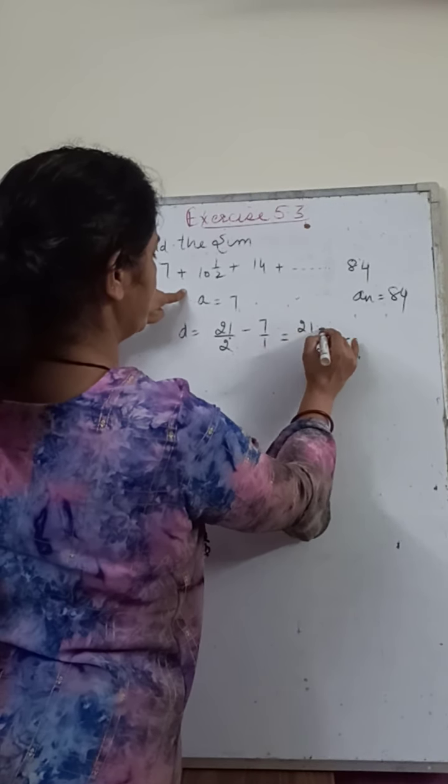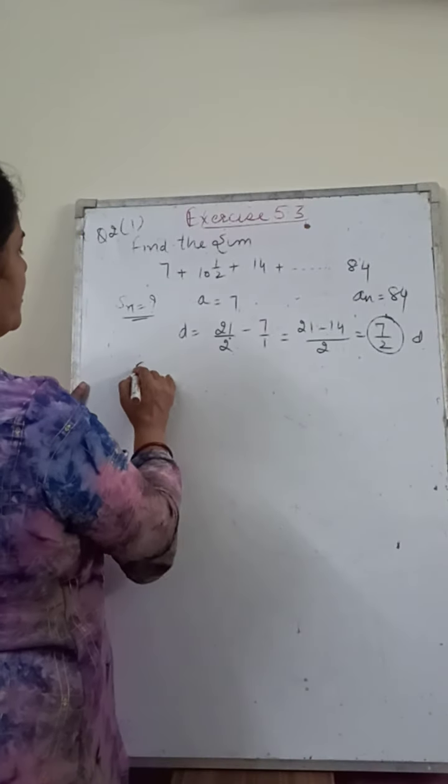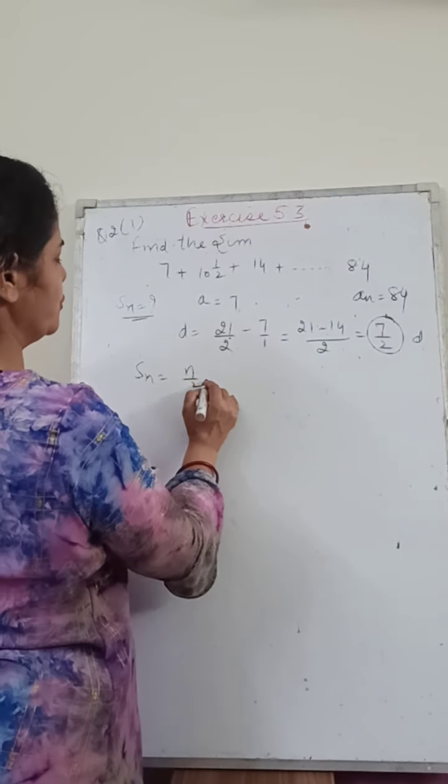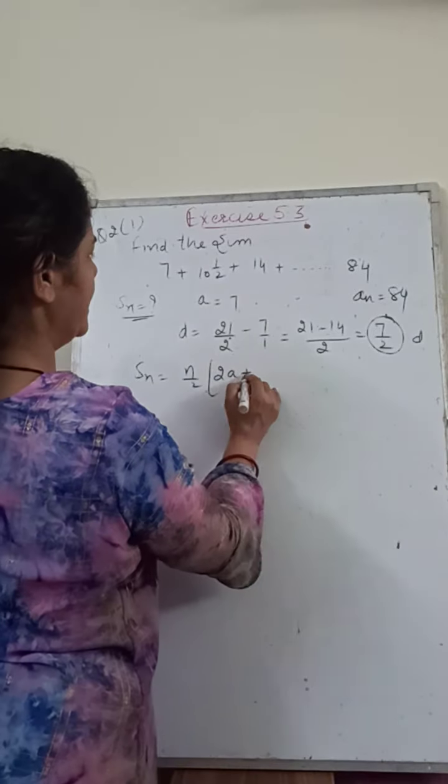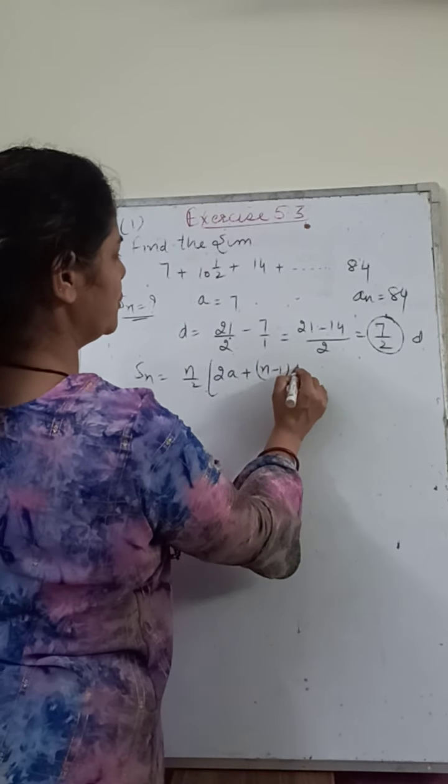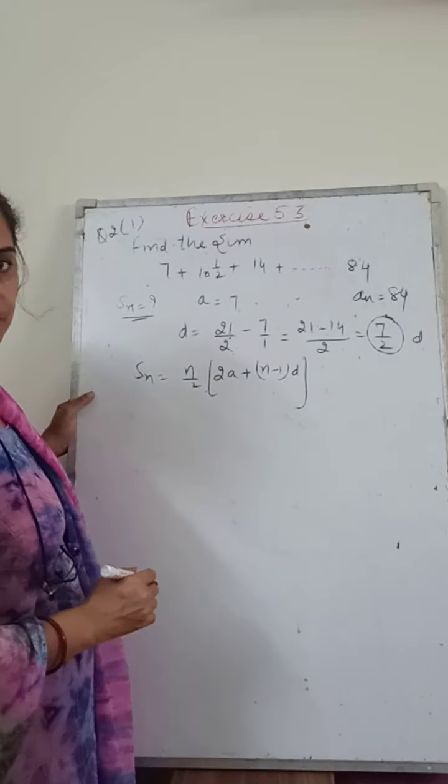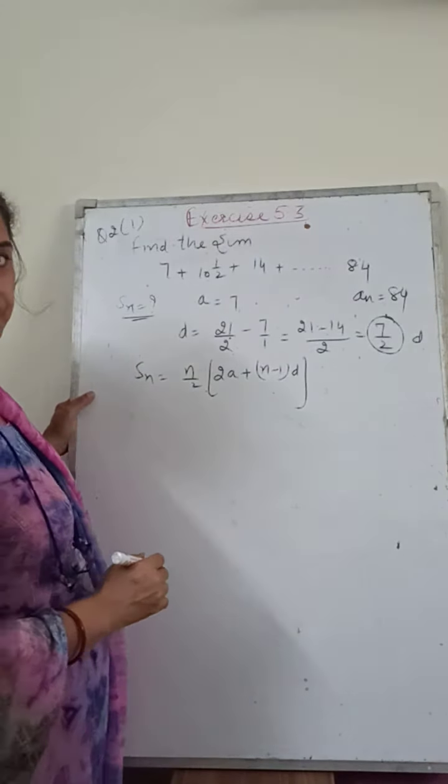Got it? Now, our Sn formula is n by 2 into 2a plus n minus 1 into d. But n is not there. So, how can you find n? For finding n, I give you one clue, children.